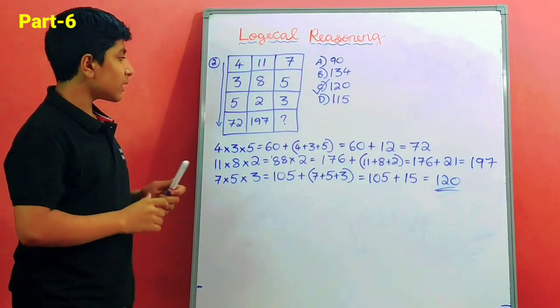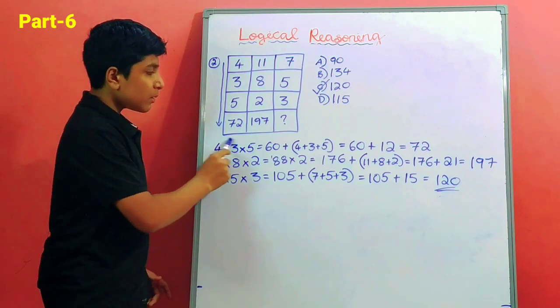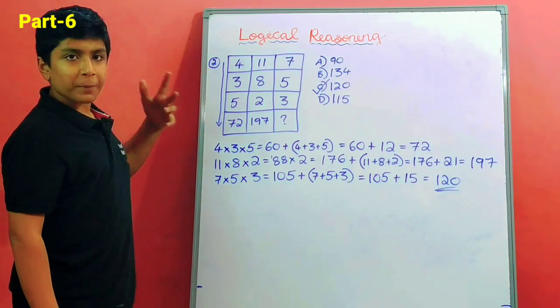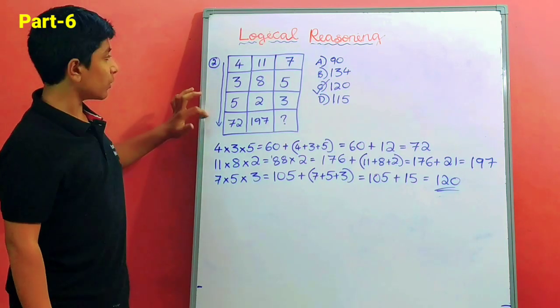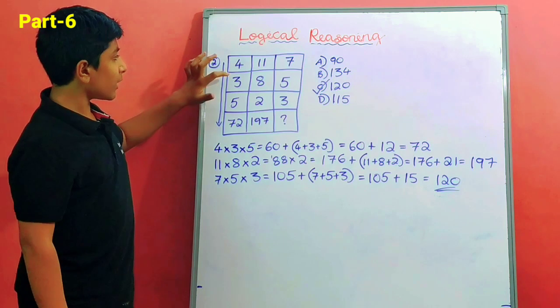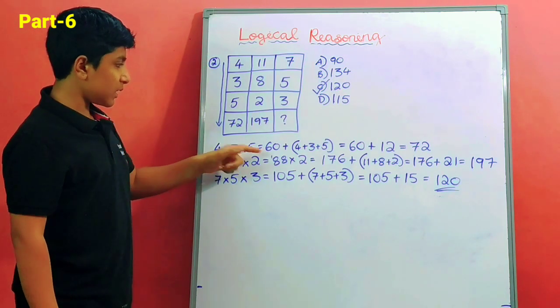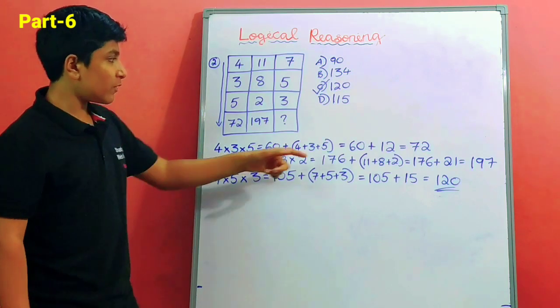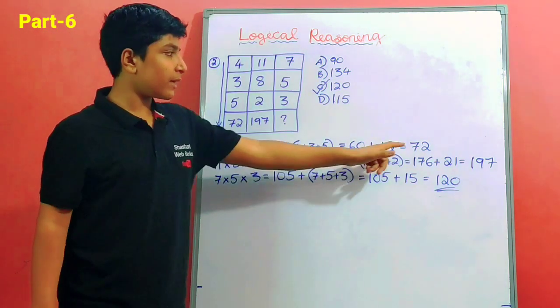So what we did here is, the greatest values of the numbers are in the bottommost row. So we have to do the operations between the first 3 rows. 4 times 3 times 5 gave us 60. Then we added 4 plus 3 plus 5, which gave us 12. So 60 plus 12 gave us 72.